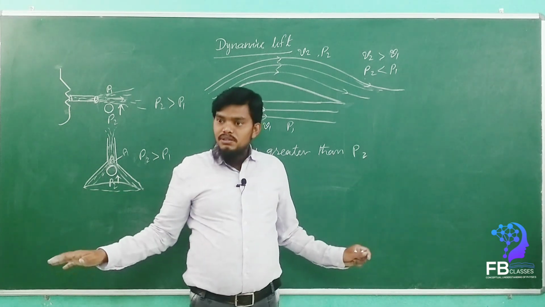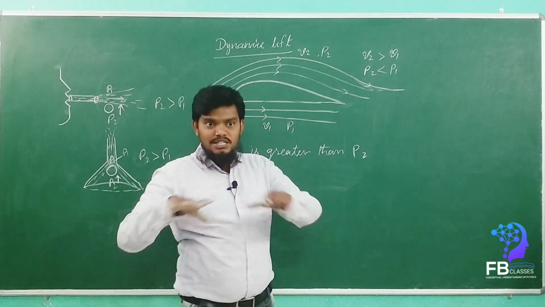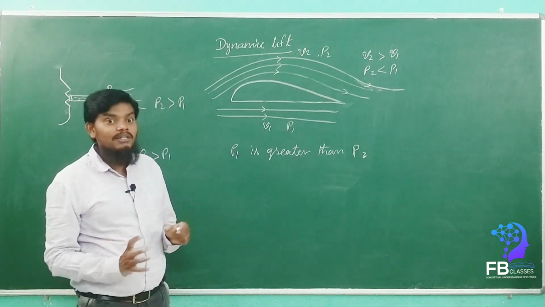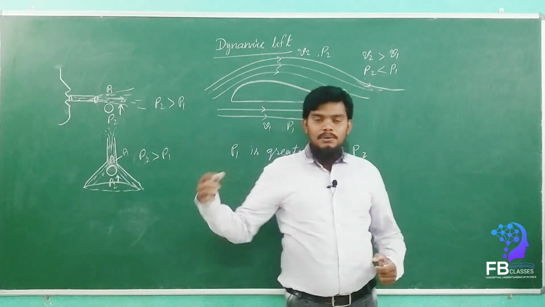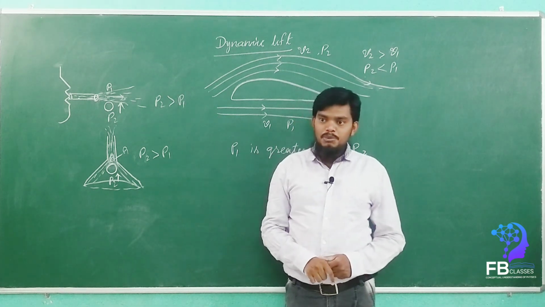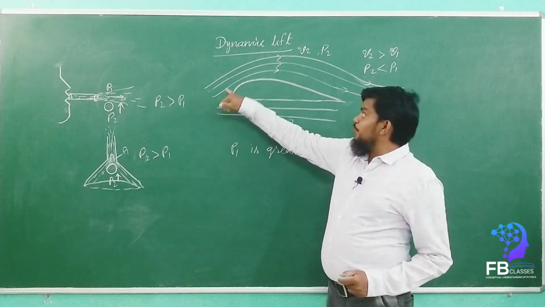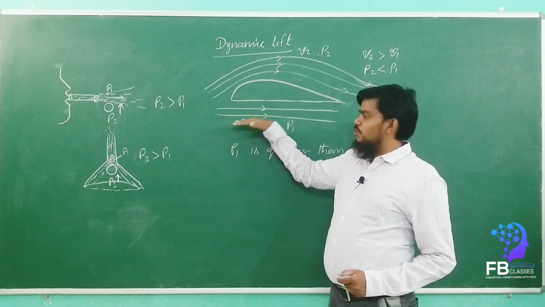That means due to the construction of the wings, what will happen? Under the wings of the aeroplane, there are big engines. So these engines will make the aeroplane lift up. Are you getting my point? The uppermost area of the surface of the fluid, that means air, will move very fast compared to the downwards.